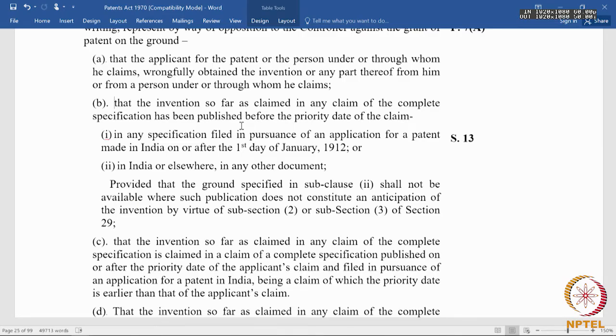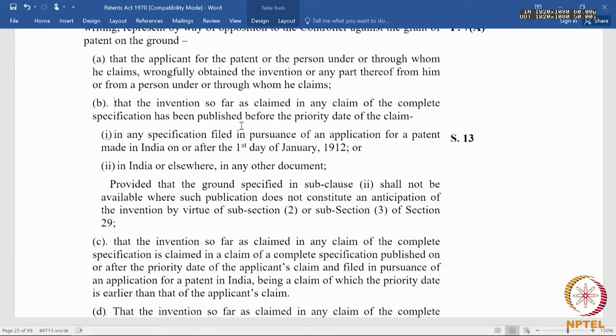In India there is a grace period. The grace period allows you to make a publication and follow it up with an application for a patent within 1 year. On most occasions it is 1 year. So, India has a grace period, and this merely says that if a publication was made during that grace period, that cannot be used as a ground for anticipation.